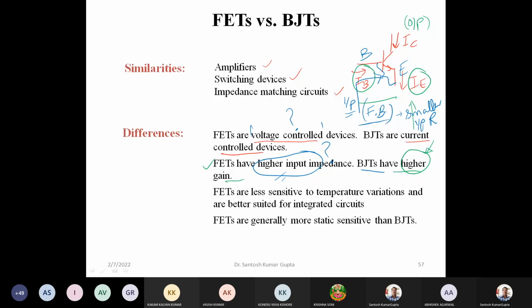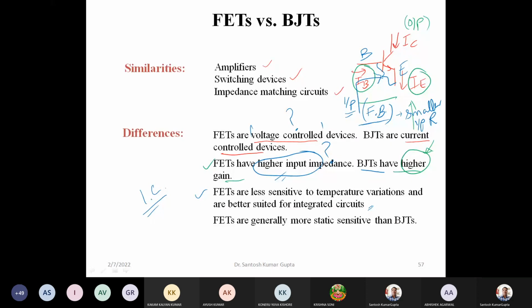Another thing is that FETs are less sensitive to temperature variations and are better suited for integrated circuits. Integrated circuits are transistor circuits made on a single silicon substrate.